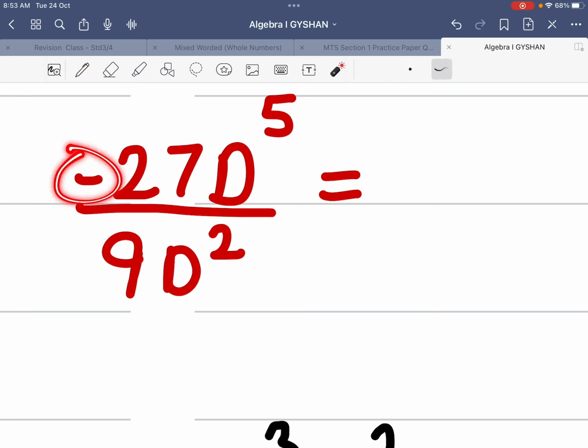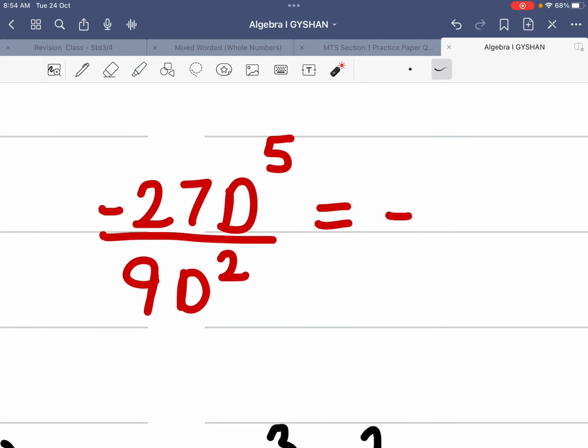So a negative number divided by a positive number will give you a negative number. 9 into 9 is 1, 9 into 27 is 3.